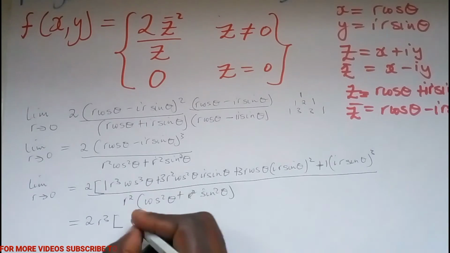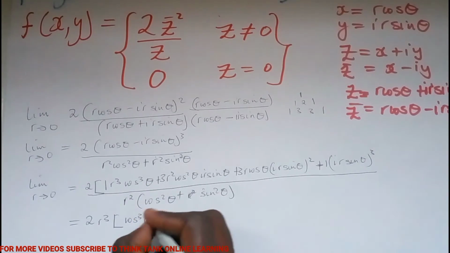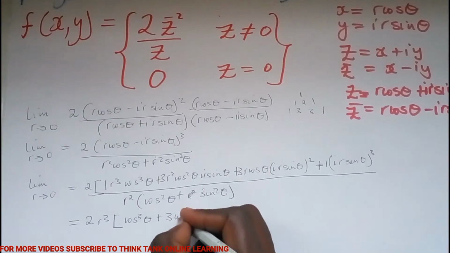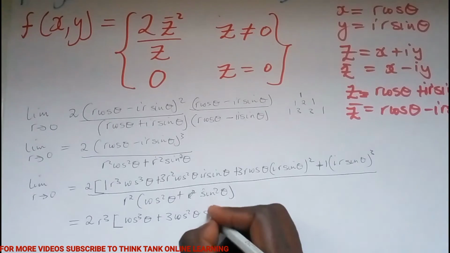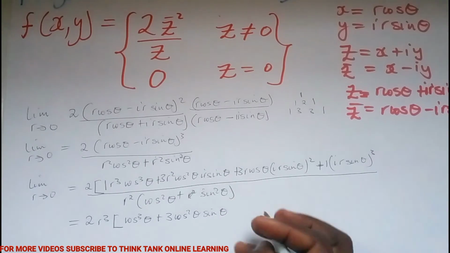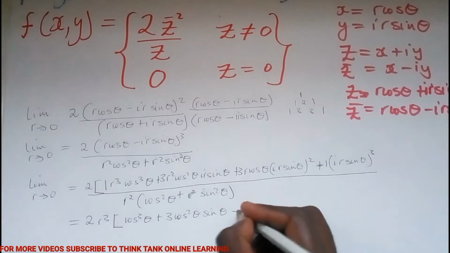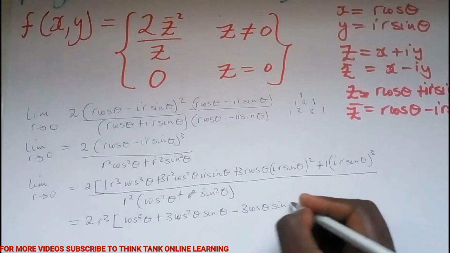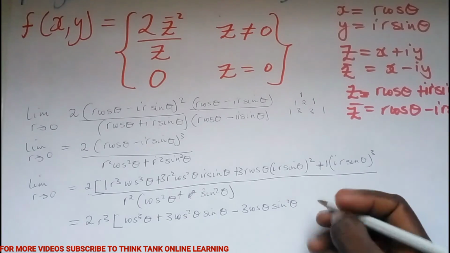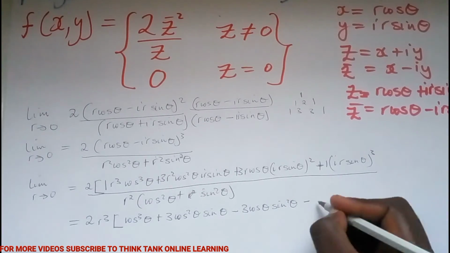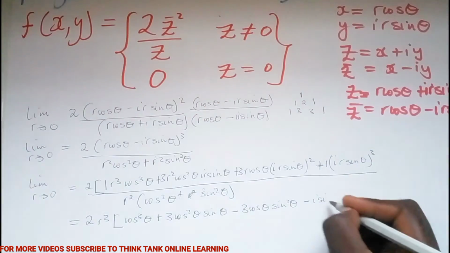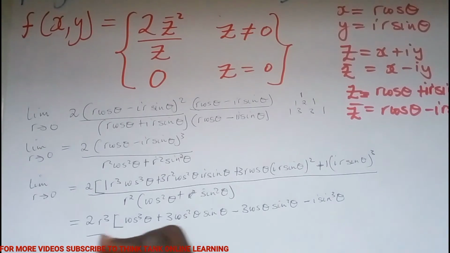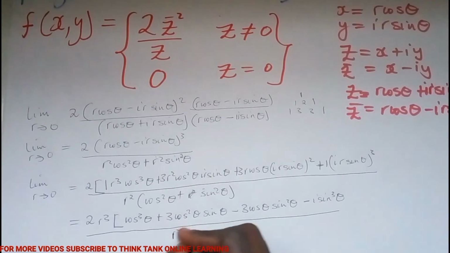Then here I have cos cubed theta plus 3 cos squared theta sine theta times i, and i squared is negative 1, so negative 3 cos theta sine squared theta, minus i sine cubed theta, all divided by r squared.